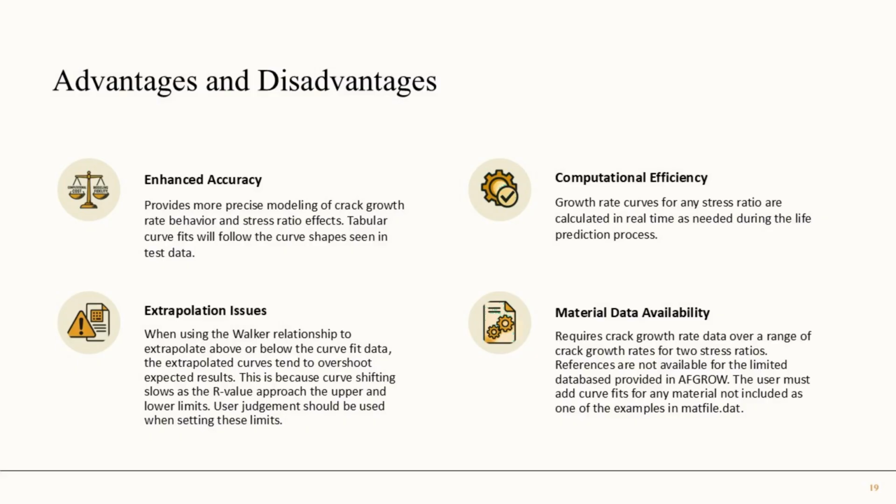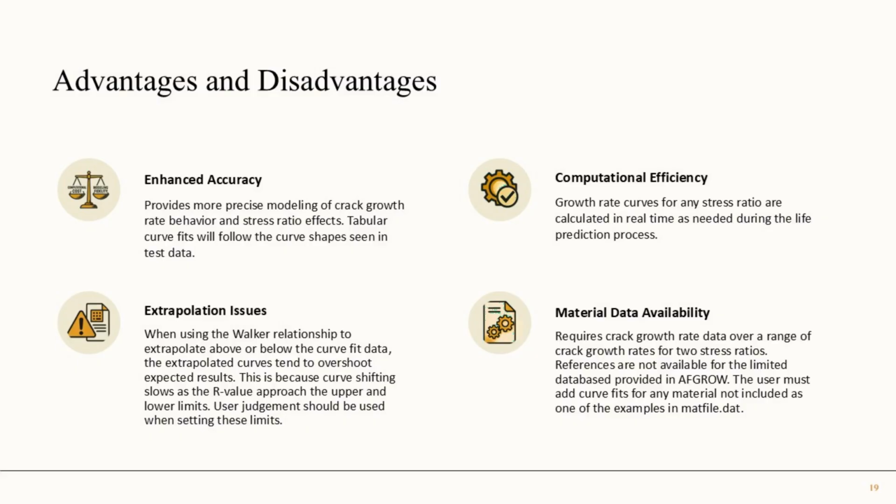Now, one of the disadvantages when you extrapolate beyond the range of the R's that you fit is that you can run into problems, because as you approach the limit, the shifting will slow down, and the M values you had between the two R's will overshoot. So as I get closer and closer to the limit, you should see the trend of the M values getting larger.